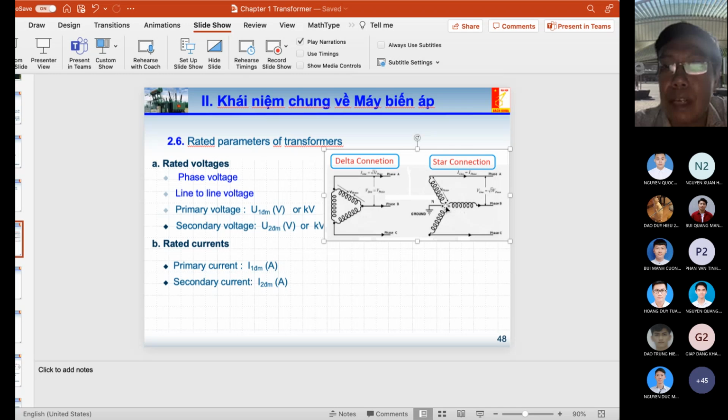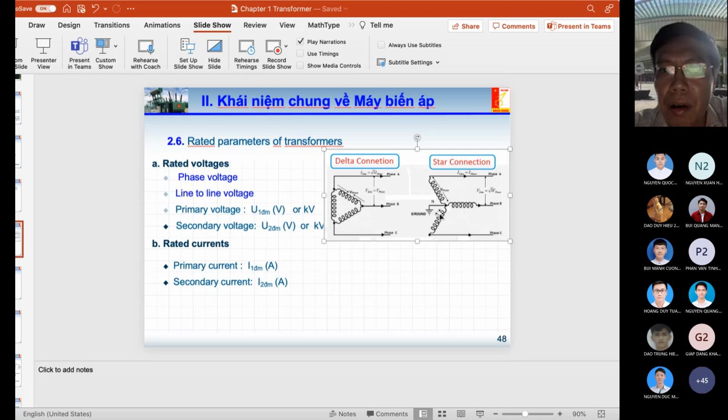Here you can see we get a neutral point. For example, at home, if you want to use the phase voltage directly, it is very easy. You can take phase A and the neutral point, phase B and the neutral point, and phase C and the neutral point also. That's all.